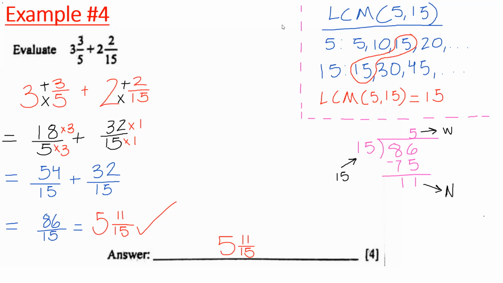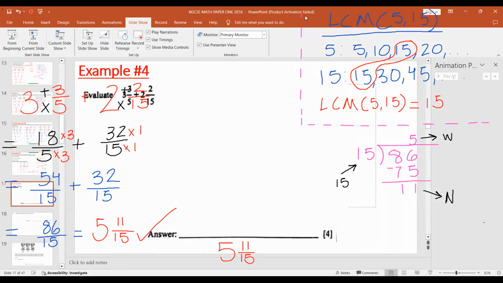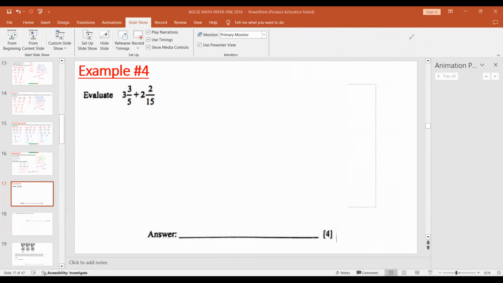Okay, let's go ahead and start our drawings.